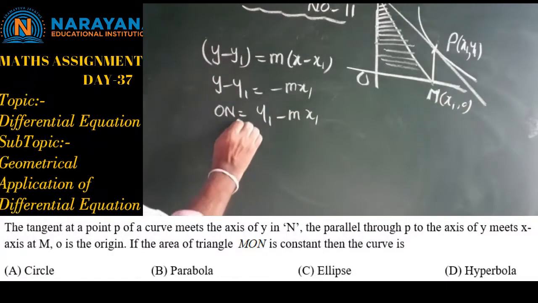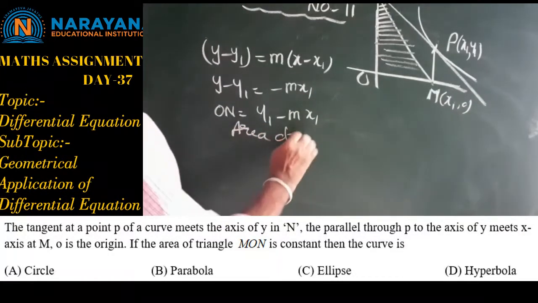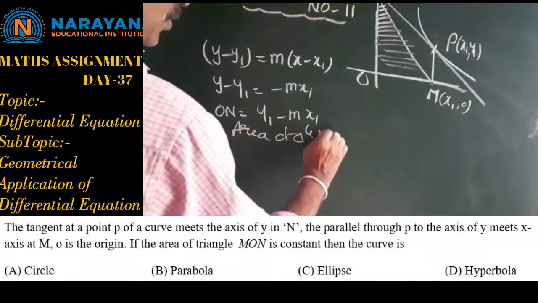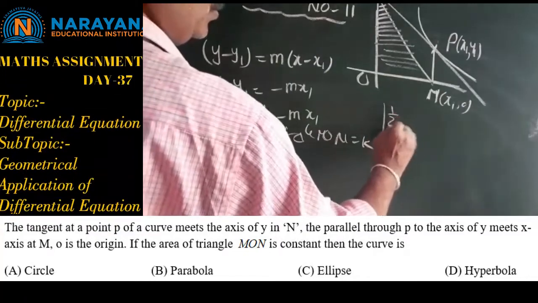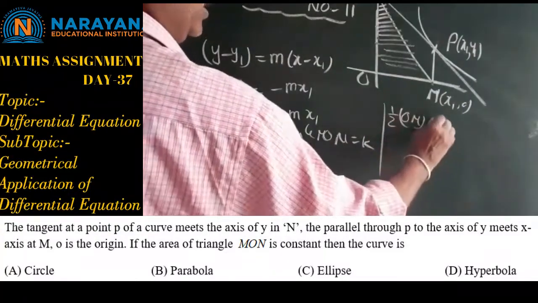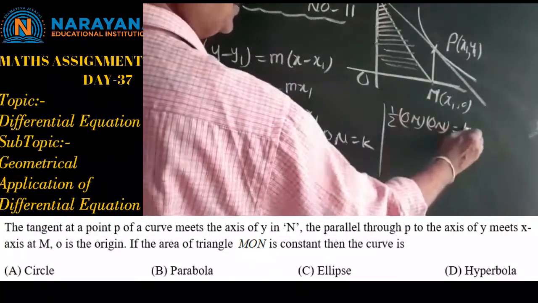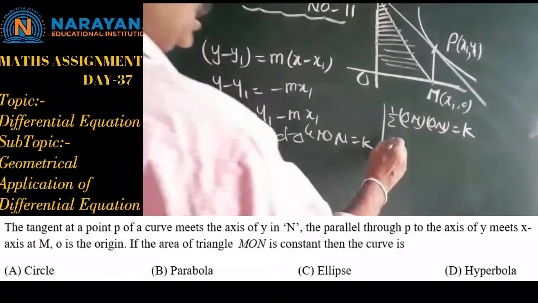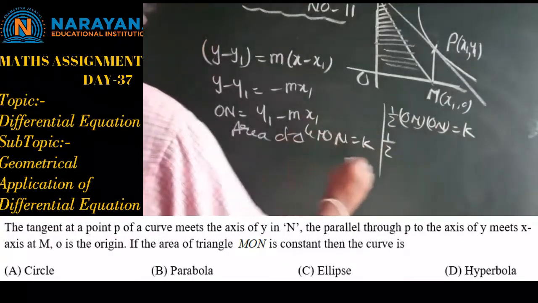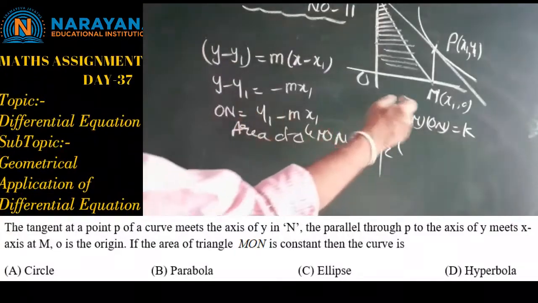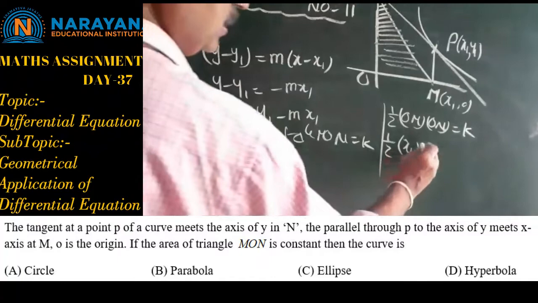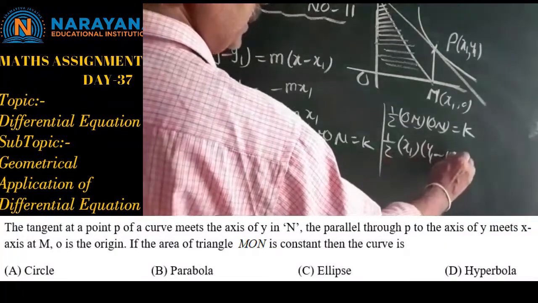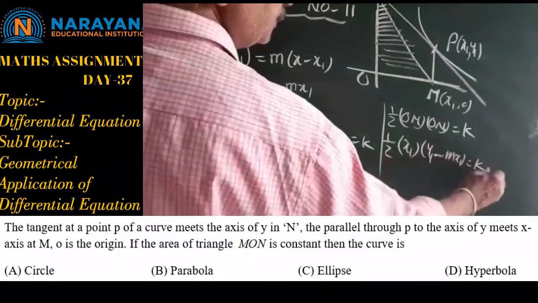So the area of triangle MON is given as constant. So half into OM into ON is equal to a constant, that is given to us. The OM distance I am writing as x1, and y1 minus mx1 is equal to k.